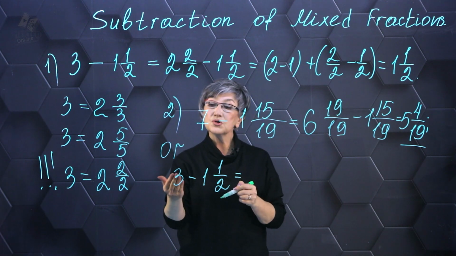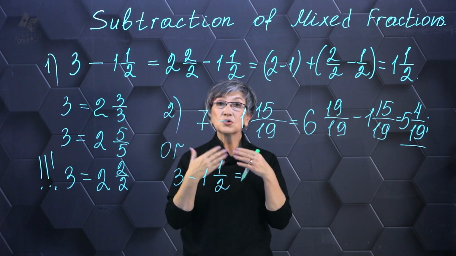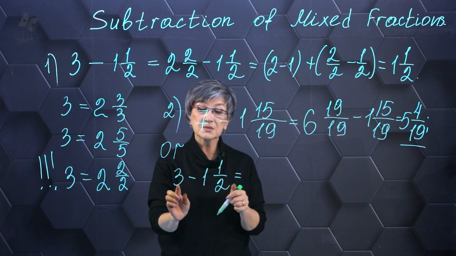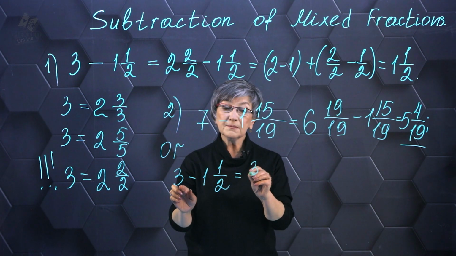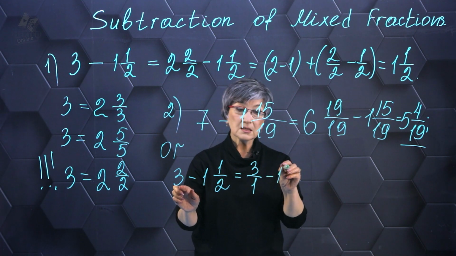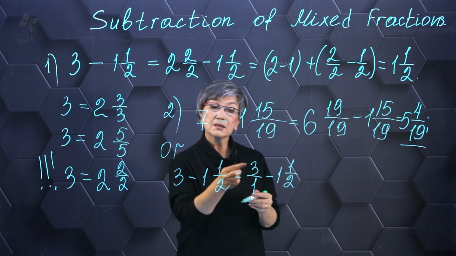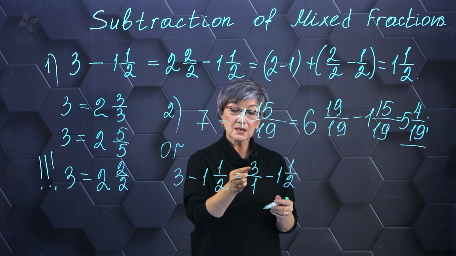How do I write down the number 3? It turns out that I can write the number 3 as a fractional number. So I can write 3 as 3/1, minus 1 whole 1/2. Why did I write the number 3 as 3/1? Because 3 divided by 1 is 3.